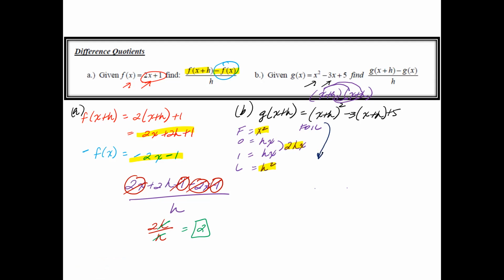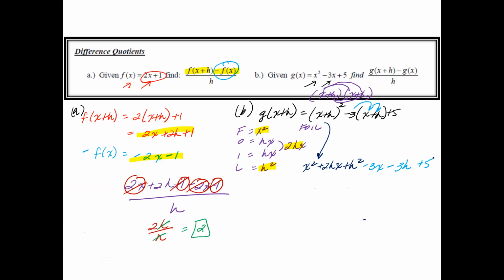So this piece right here would just be x squared plus 2hx plus h squared. Next, I need to go ahead and distribute the negative 3 into the binomial in parentheses, negative 3x minus 3h, and then don't forget your plus 5.